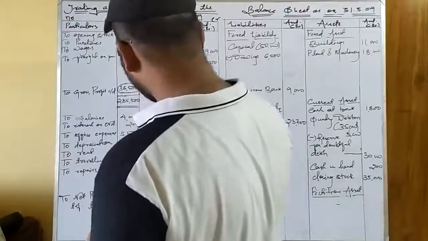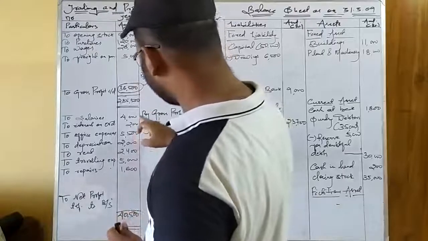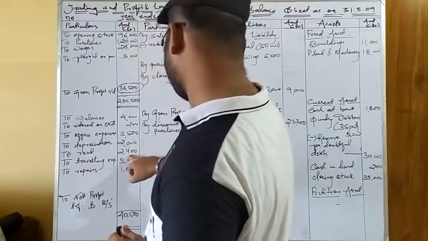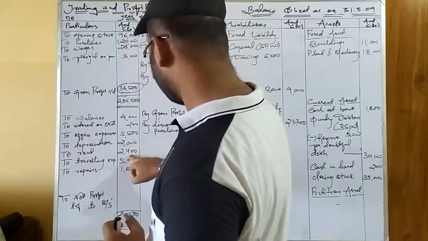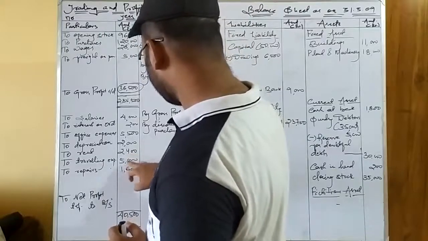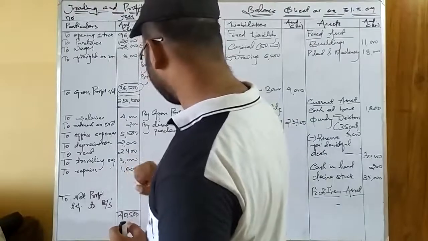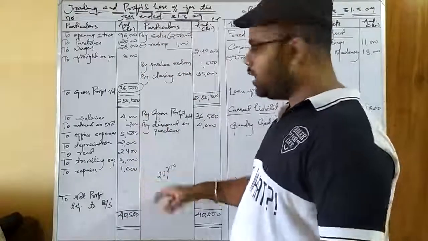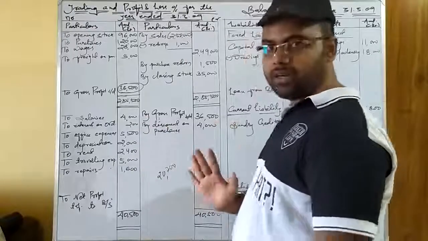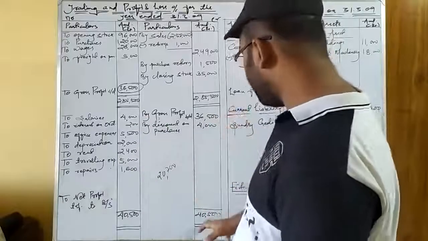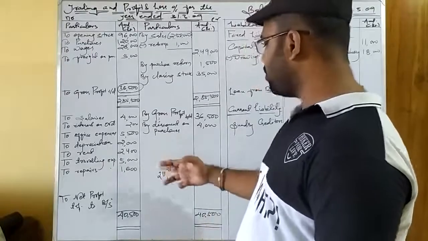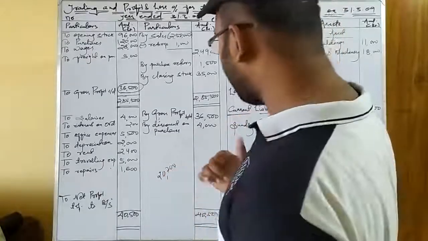We'll check again. 4,000, 5,000, 9,700, 11,700, 13,700, 18,700, 19,700. So 20,700. Okay, the total of the debit side of the profit and loss account comes to 20,700, and we have the highest total on the credit side, that is 40,500. So we have to subtract 20,700 from 40,500 in order to get the answer.